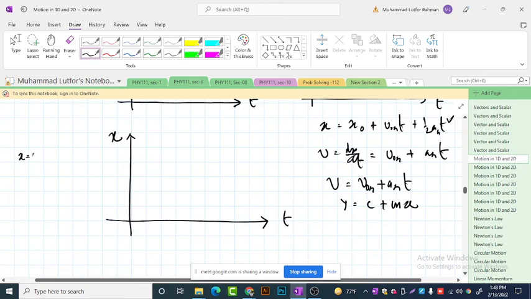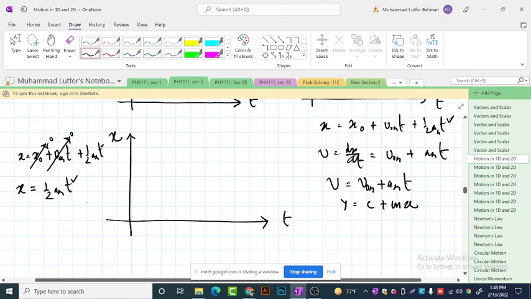Say this is my equation, x equal to x naught plus v naught x t plus half of a x t square. Only for simplification, I consider it starts from 0, initial velocity is 0, and initial displacement is also 0. Then x is going to be half of a x t square.